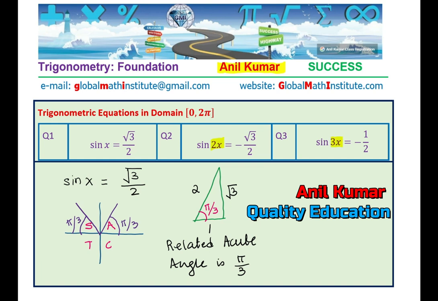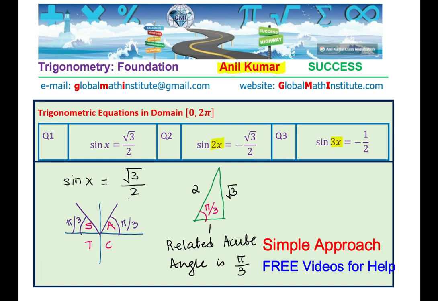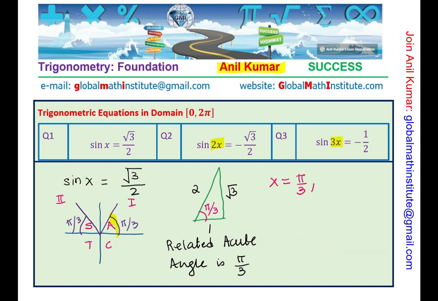Since the solution lies in quadrant 1 and quadrant 2, the principal angles we write as the answer will be x equals pi by 3 itself, and the other one being pi minus pi by 3, or 2 pi by 3. That is how we get two solutions for sine x equals square root 3 by 2.